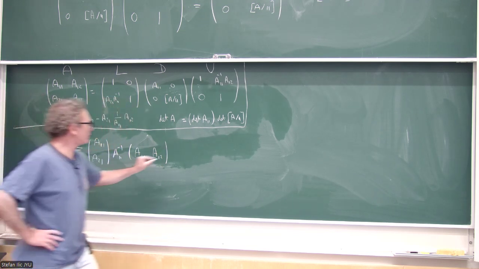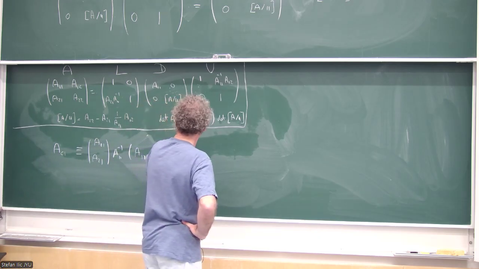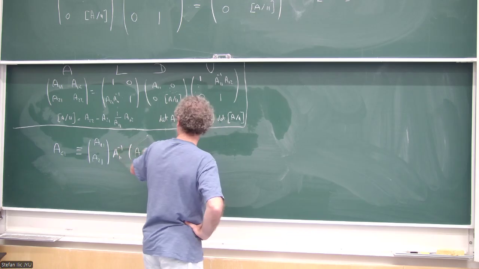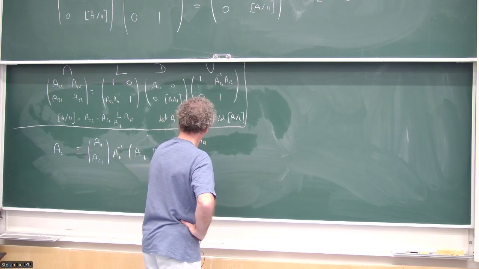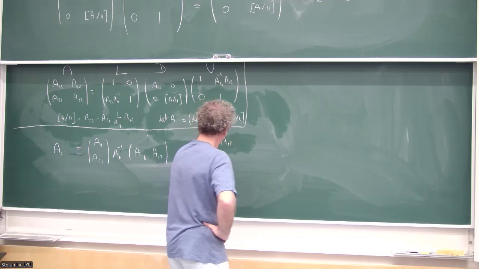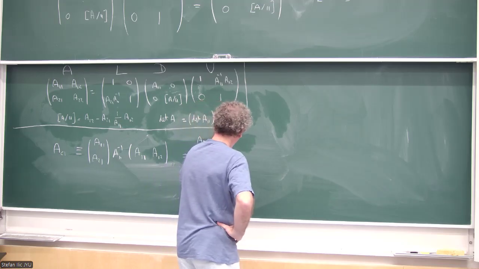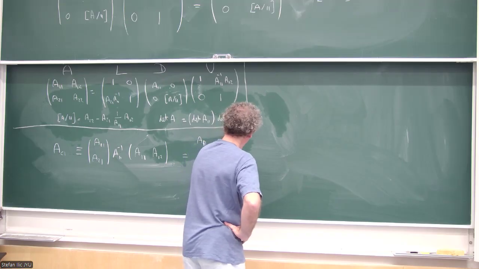So by construction, it gives me A21, A11, A21, A12, and here it gives me A21, 1 over A11, A12.